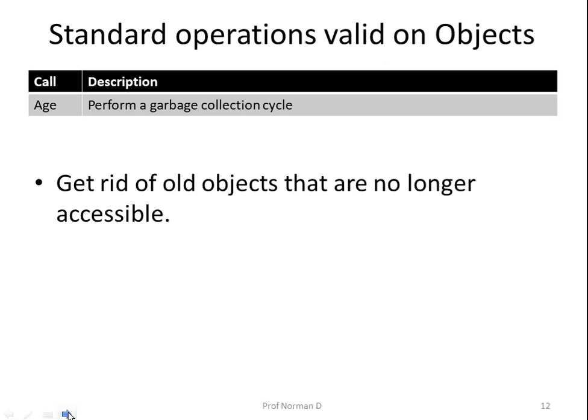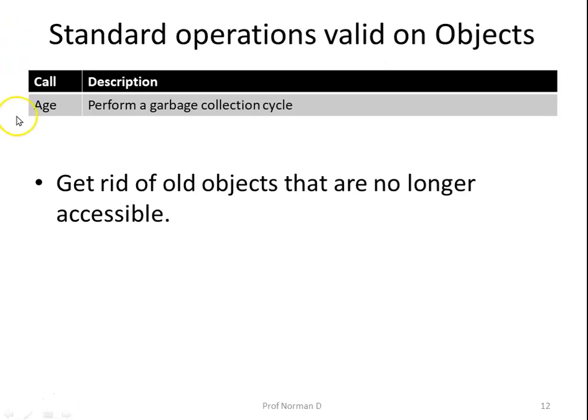Now coming to standard operations that are valid on objects. It is possible to create an object in Amoeba and then lose the capability. So some mechanism is needed to get rid of old objects that are no longer accessible. The way that has been chosen is to have servers run a garbage collector periodically, removing all the objects that have not been used in several garbage collection cycles.